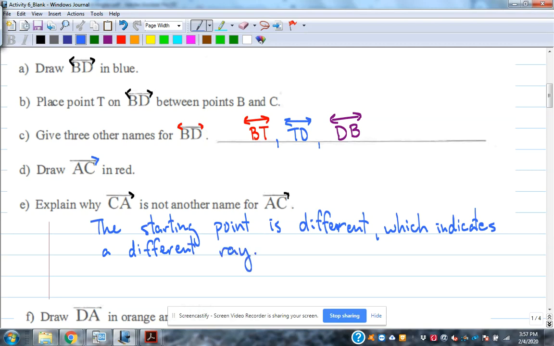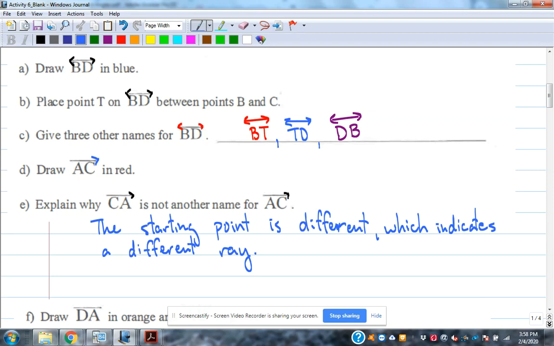So if we have a different starting point, it's a different ray, unless there's another point within the same ray that's in between A and C or something like that. The starting point is different, then it's a different ray. Okay.